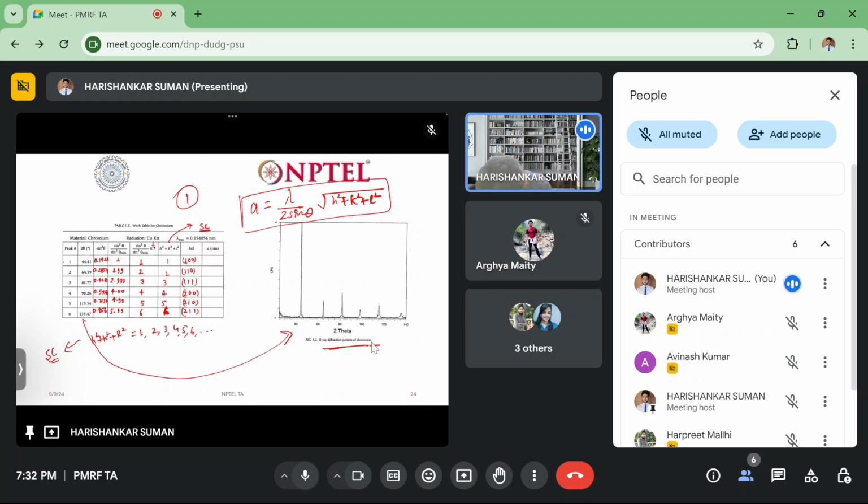Let me calculate it first. Lambda is 0.154 in nanometer. 2 sin theta, 40.41 divided by 2, 0.3779. h square k square l square 1 0 0.